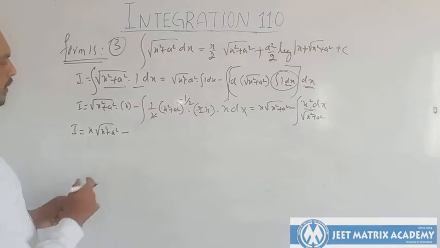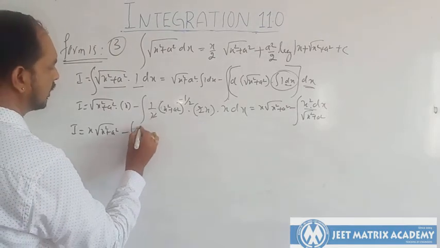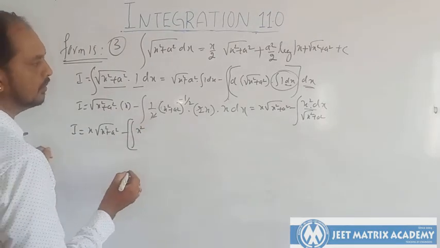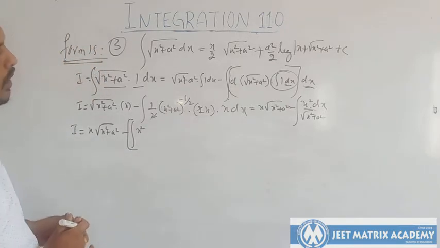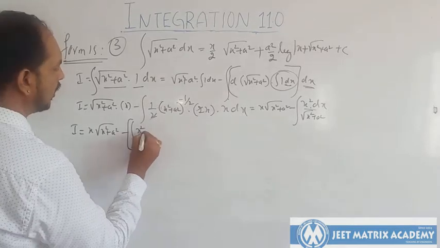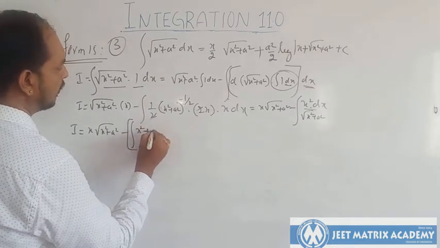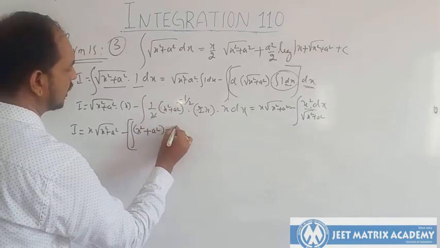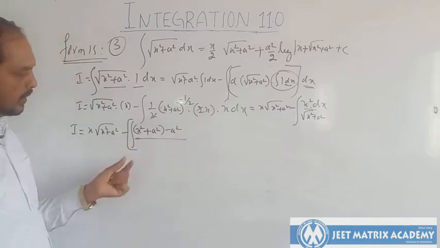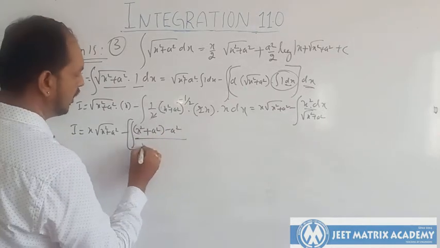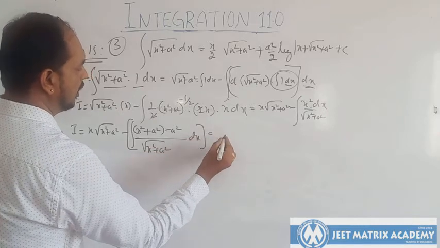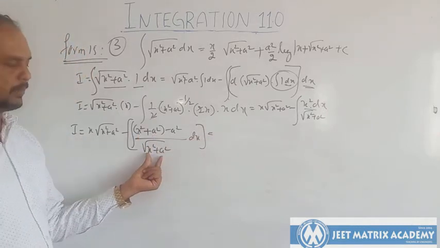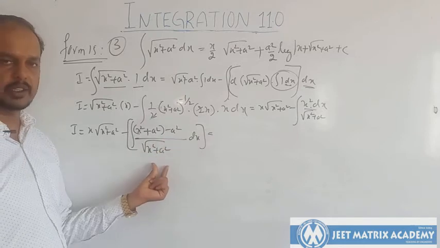How do you manipulate? I want x square in the numerator, so x square plus a square minus a square. So the a square gets cancelled, x square is left in the numerator, plus a square, dx.